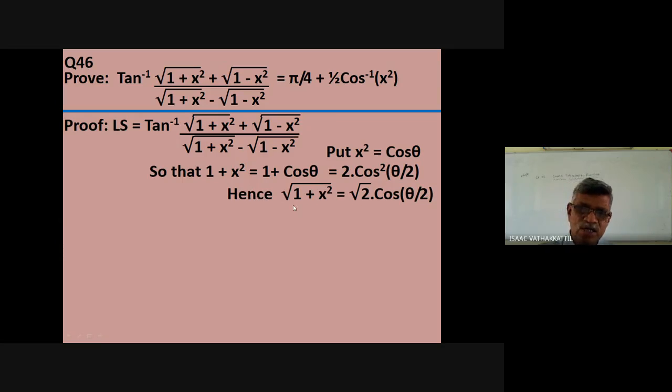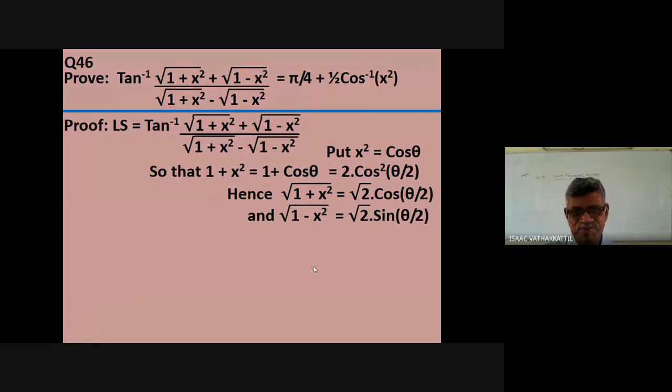So what will be root of 1 plus x squared? Root 2 into root of cos squared theta by 2, that is root 2 cos theta by 2. What will be root of 1 minus x squared? Because 1 minus x squared is 1 minus cos theta, that is 2 sine squared theta by 2, root of 1 minus x squared will be root 2 sine theta by 2.